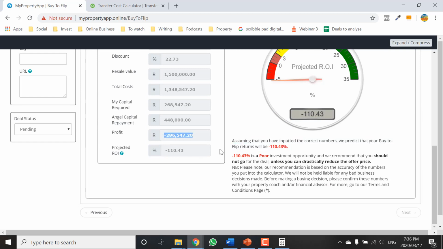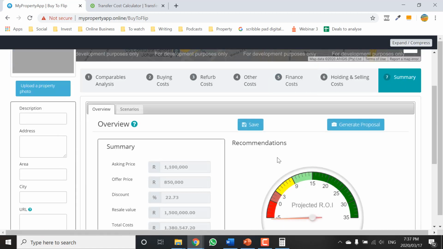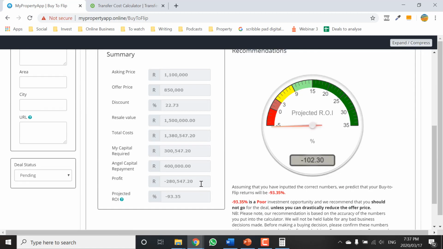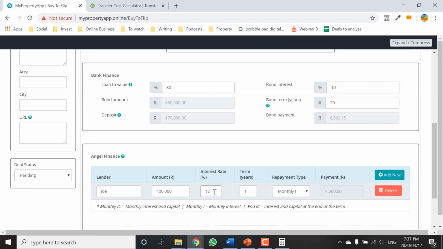Okay. So let's see if we go monthly interest and monthly. Let's see if that changes it slightly. Yeah, see this deal. I don't think it has enough fat for an expensive investor. Let's just see monthly interest.